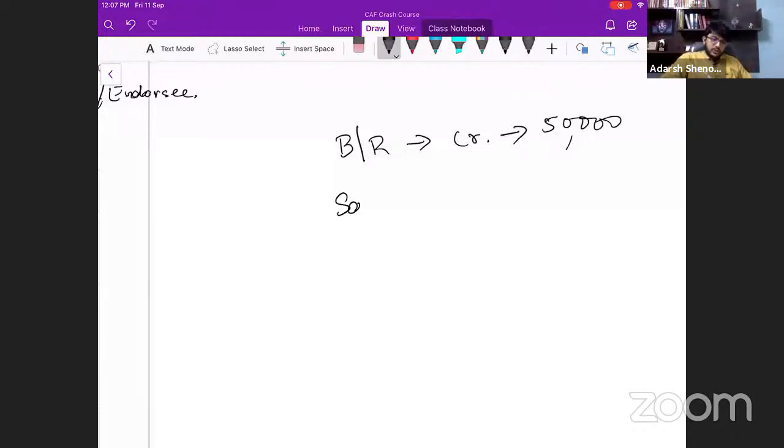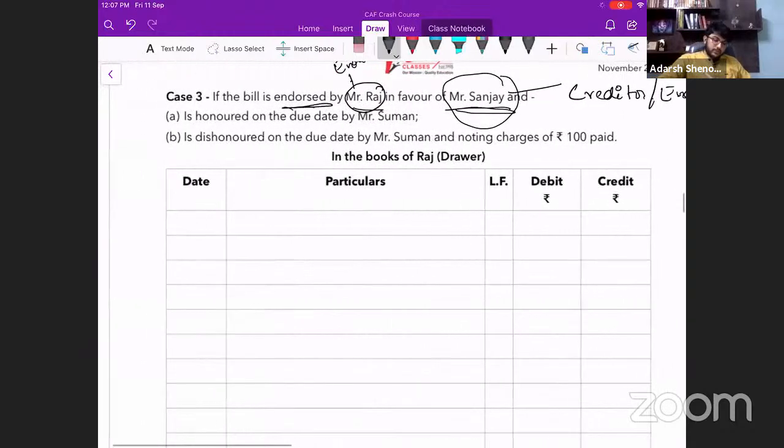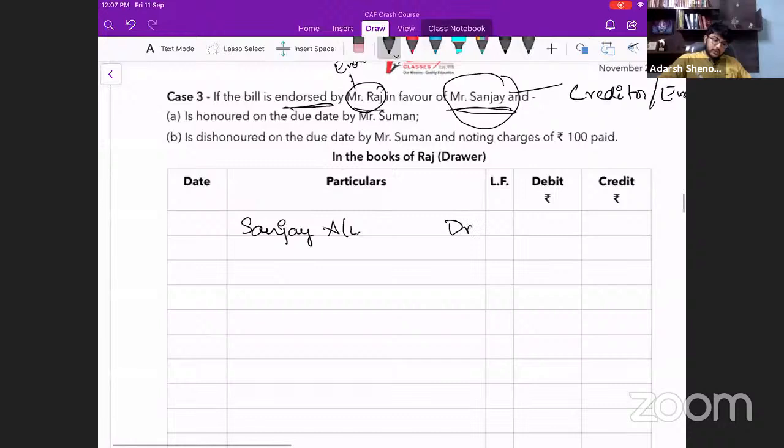So here the Sanjay account is to be debited 50,000 rupees. So Sanjay's account debit to bills receivable account 50,000 rupees. Comfortable or not?